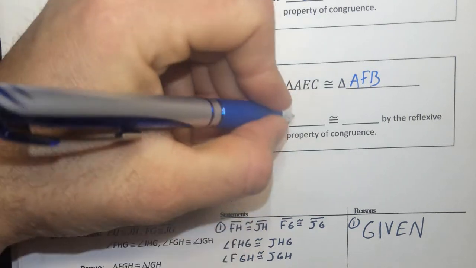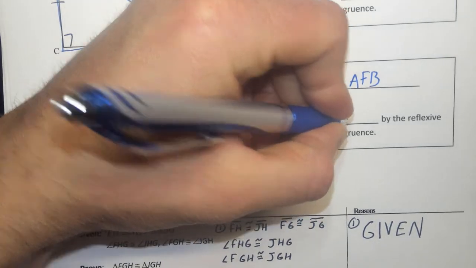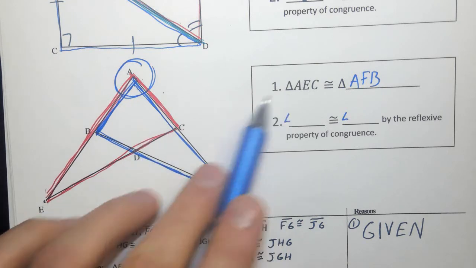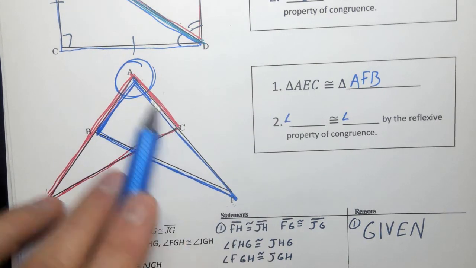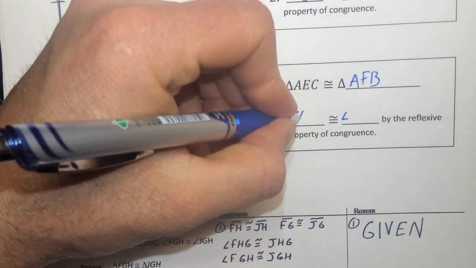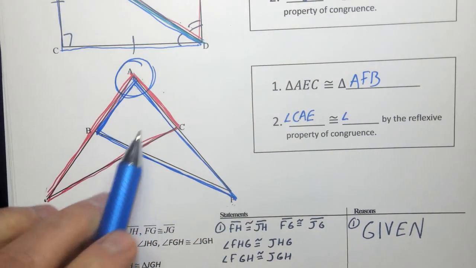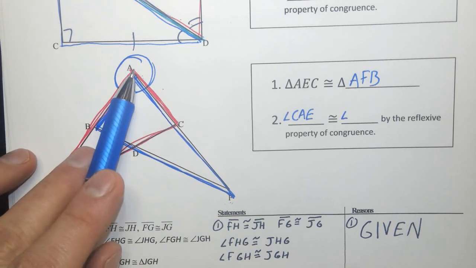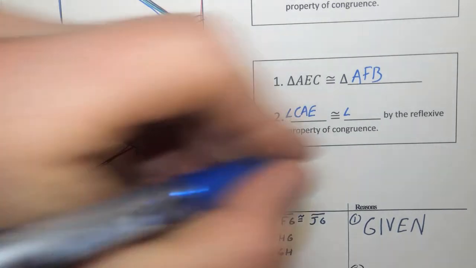Now, as we've talked about before, when you're naming angles, you can technically use one letter, but it is much safer to use more. So I'm going to name my angle two ways. I'm going to first name my angle based off of my red marked triangle, and I'm going to call it CAE. Then I'm going to name it, this time based off of my blue triangle. I'm going to call it BAF.